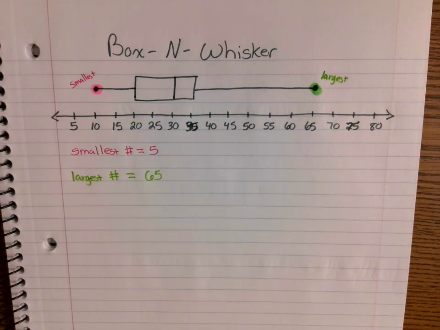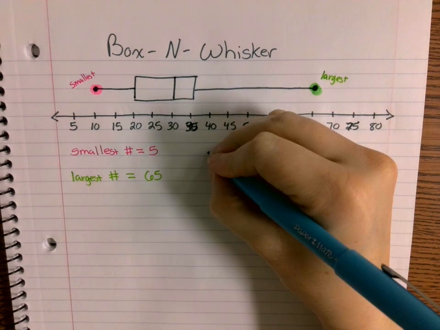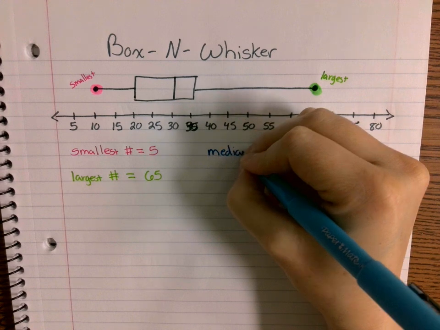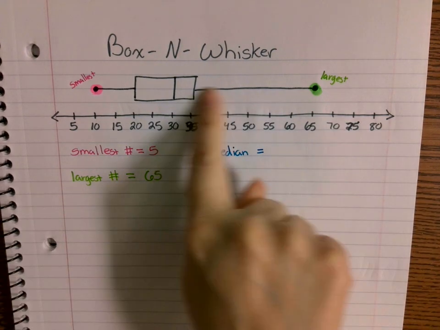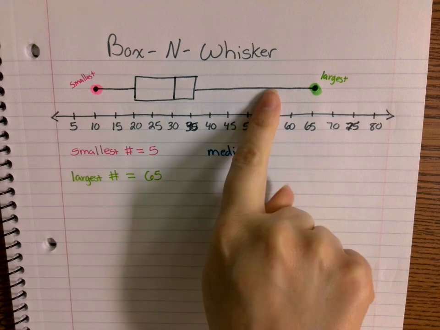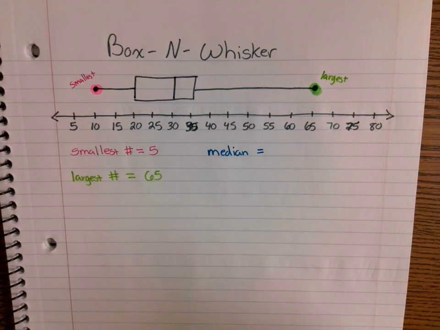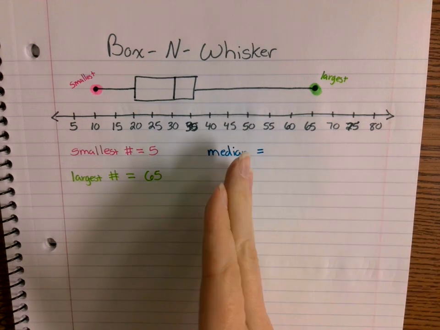I also happen to know the median. The median is the very center of my data set. Now, if I'm looking at this, does this picture look symmetric? And by symmetric, I mean if I were to cut it in half, is it a mirror image on the left and right side?